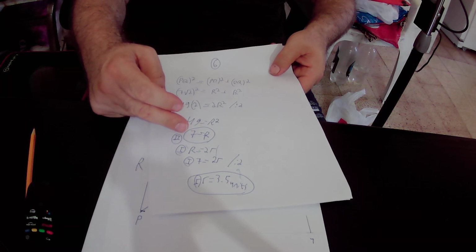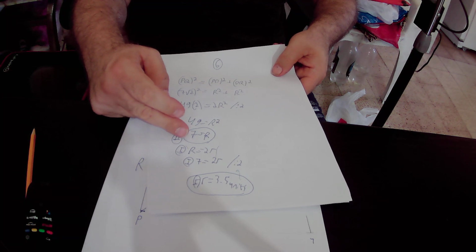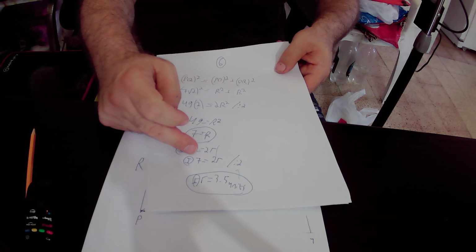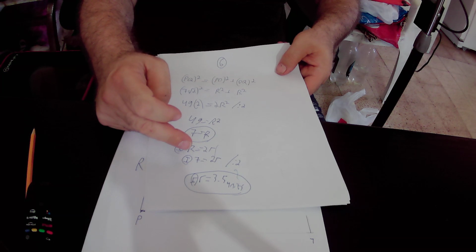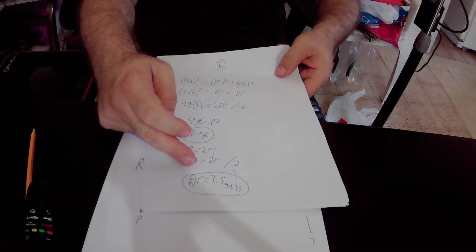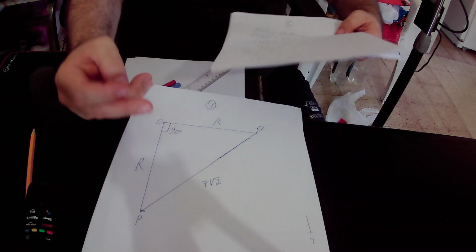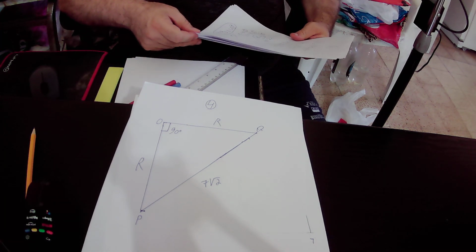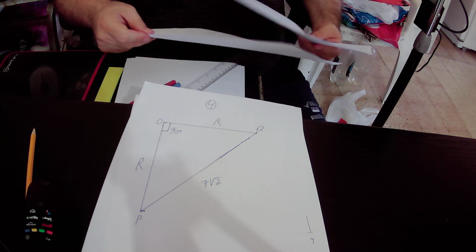So we can substitute capital R in the first equation by 7, and we get 7 equals 2 times small r. We divided the equation by 2, and we got that small r, the radius of the yellow circle, equals 3.5 units.